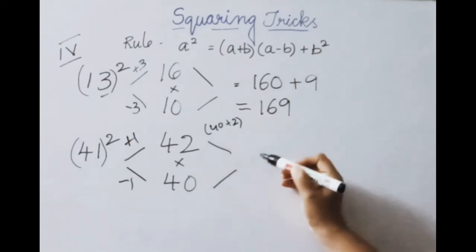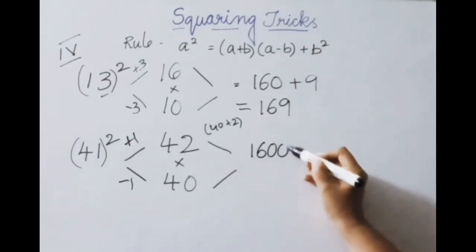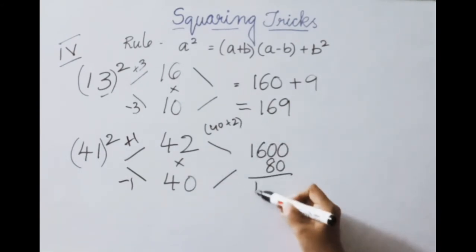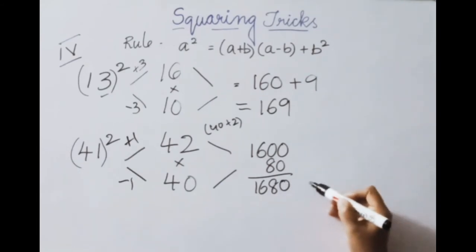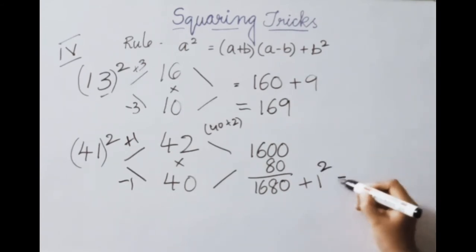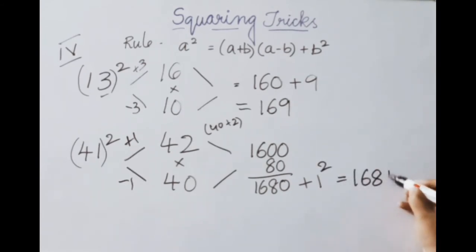So 40 40s are 1600, 2 40s are 80. So the value is 1680, plus the square of this 1. 1 square means 1. So the answer is 1681.